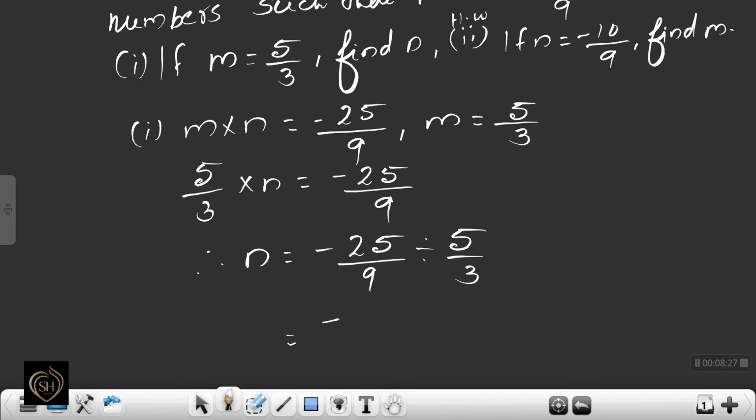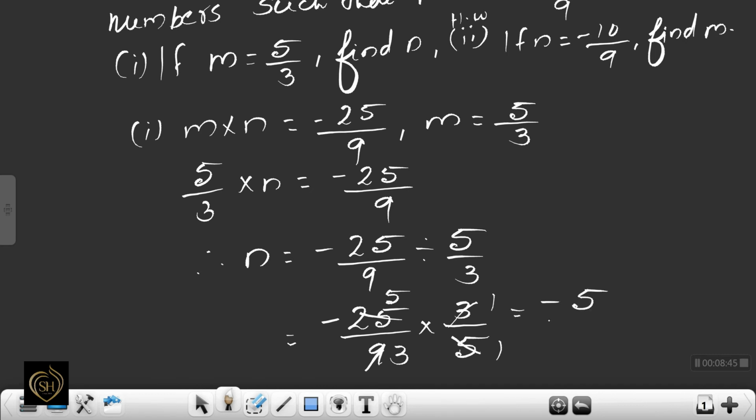That is equal to negative 25 by 9 into 3 by 5. Cancellation possible. 5 1s are 5, 5 5s are 25. 3 and 9 cancellation, 3 1s are 3, 3 3s are 9. So our answer is the product of the numerators, negative 5 by 3. So the value of n is equal to negative 5 by 3.